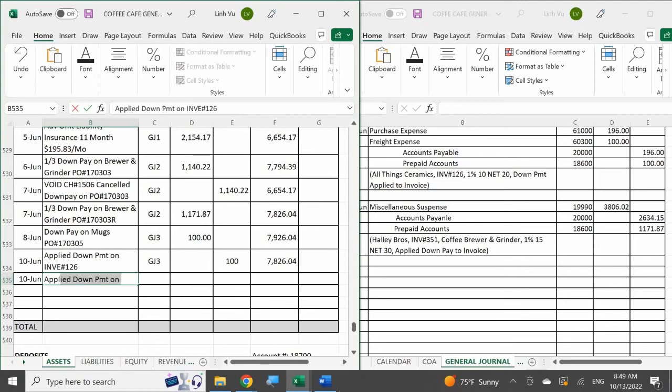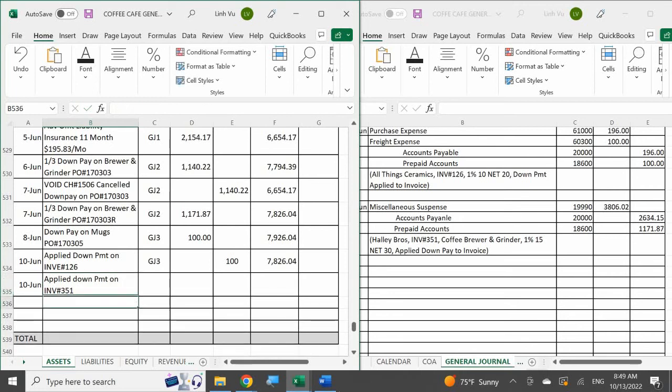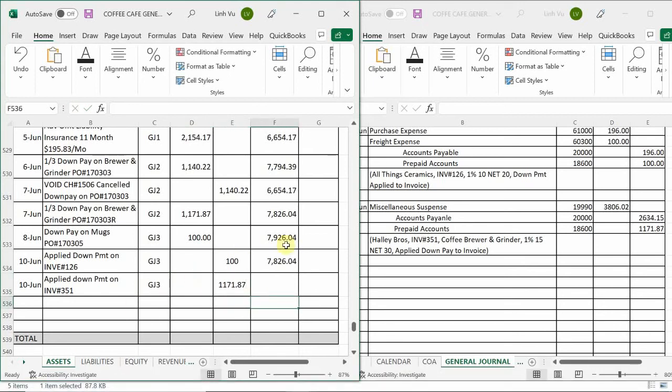Applied down payment on invoice number 351. Okay? Still on General Journal page 3 here. And since we're applying the down payment for that $1,171.87, that should decrease your account back down to that $6,654.17.